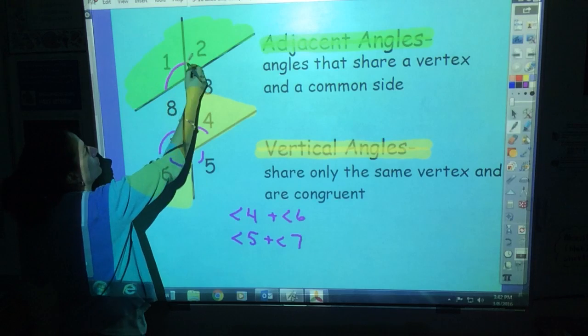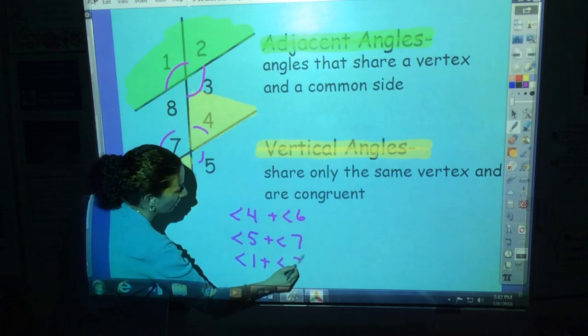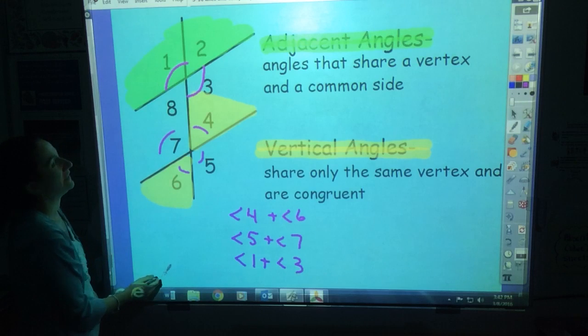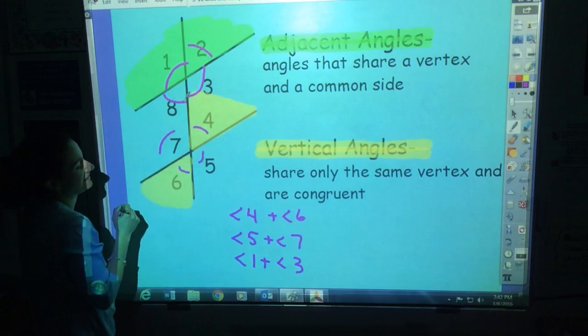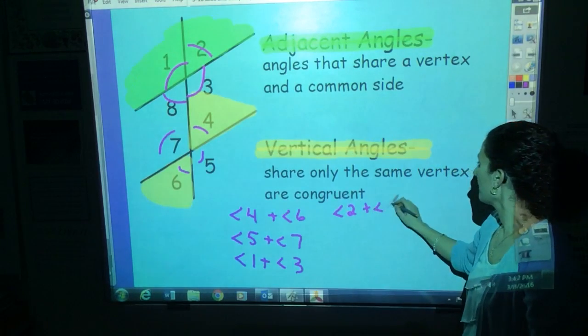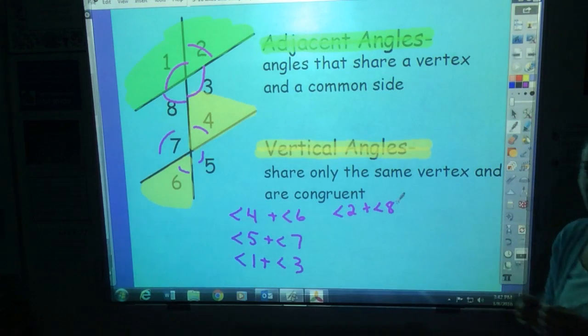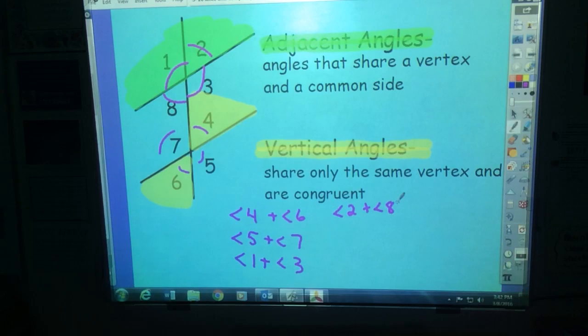Angle 1 and angle 3, and angle 2 and angle 8 are also vertical. They're diagonally across from each other, and they are equal.